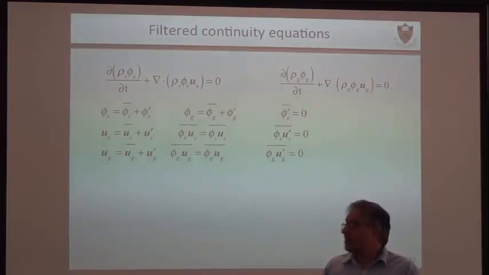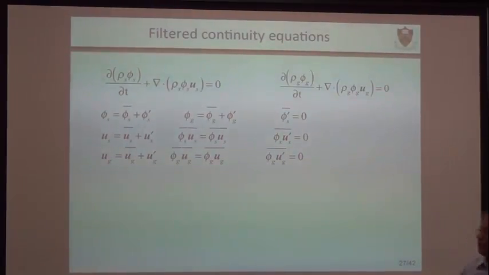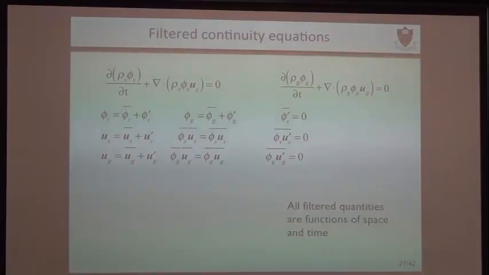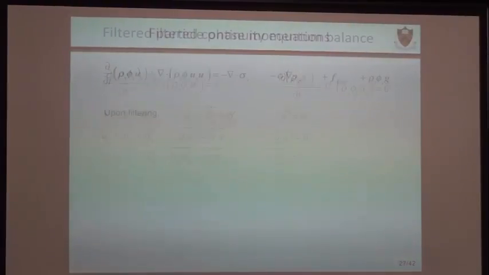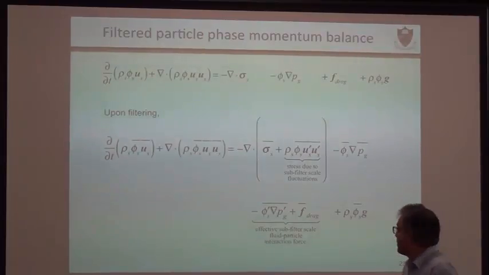We have filtered velocity, fluctuating velocity, filtered velocity for gas, fluctuating velocity, and so on. We analyze all these quantities. I don't want to bore you with all of these details, but if I skip all these things, just like in Reynolds averaging, we find that you get a mesoscale stress contribution that comes in due to the sub-filter scale fluctuations that are happening in the system.